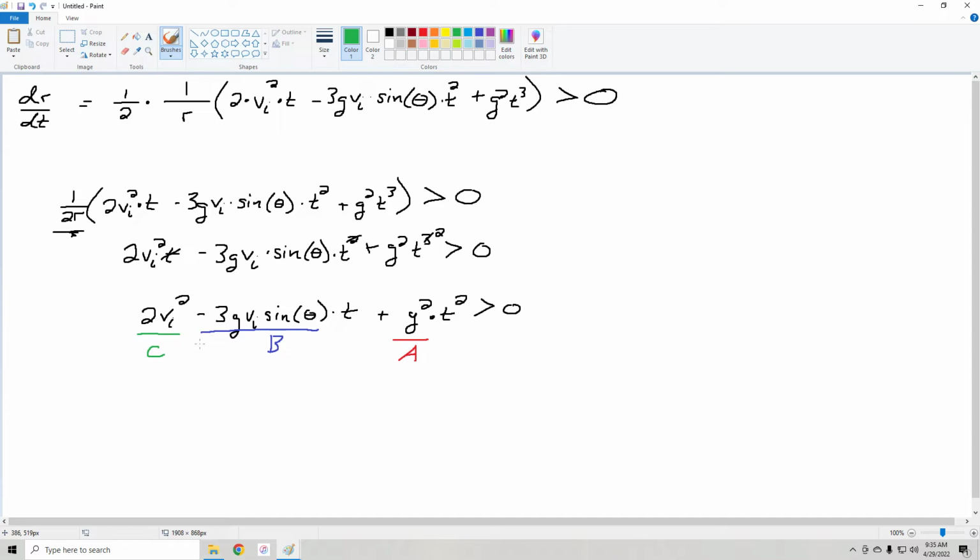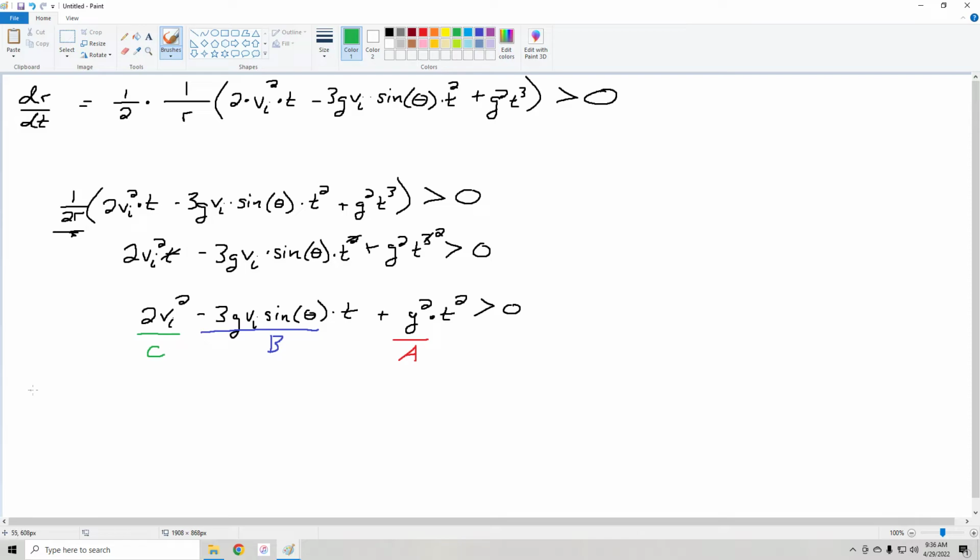Let's remind ourselves why we're even trying to use the quadratic formula. What is happening here? We're taking the derivative of the distance between point P and the projectile, and we're told it has to be always increasing. So that means we need to solve for a time that's specifically positive and real that allows those conditions to be true.